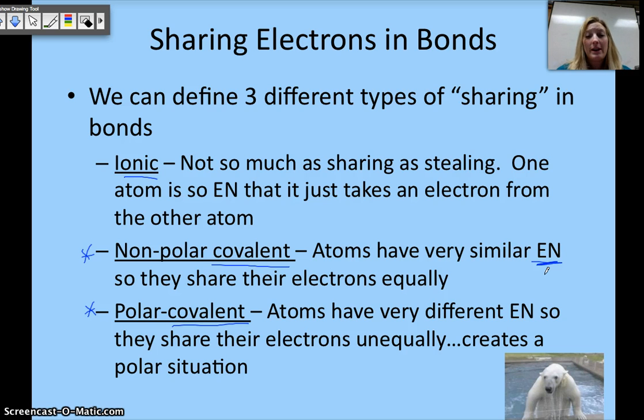In a polar covalent, however, atoms have very different electronegativities. One atom is going to want electrons way more than the other. So this creates a very polar situation, kind of like the poles at our planet. They're on one end or the other. This is the same thing that's going to happen in the bonds. Electrons are going to go to one end or the other.